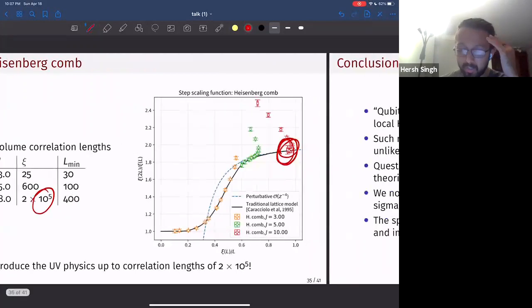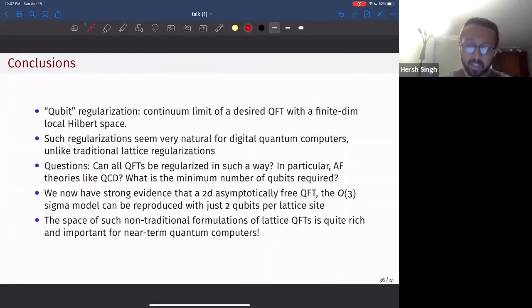Okay, so I think that brings me to the end. Maybe I will just say that there's a notion that seems useful to define for doing quantum field theories on quantum computers, and that's this notion of qubit regularization, where you can try to achieve the continuum limit of a QFT even with a finite dimensional local Hilbert space.